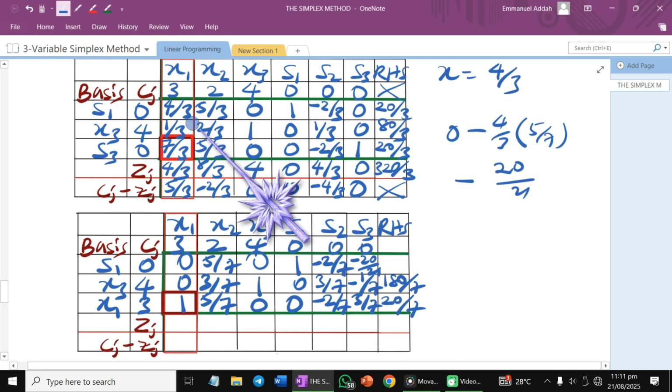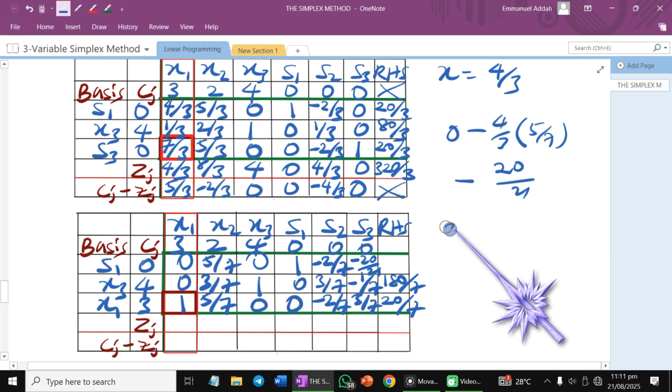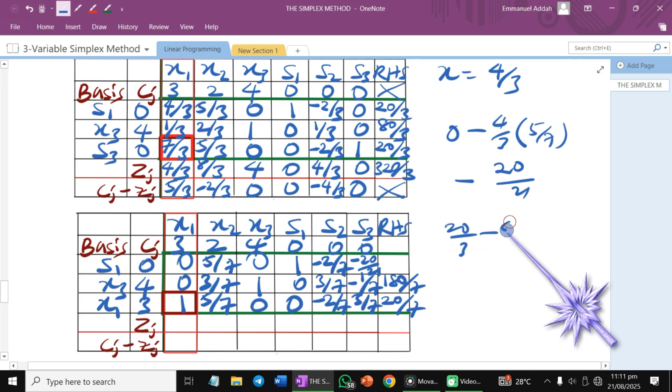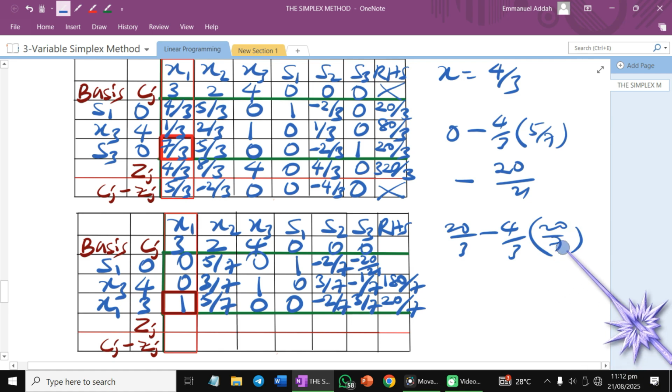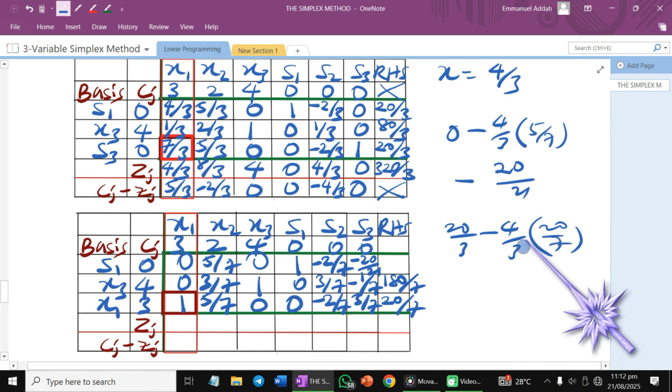We go to the last one, the last entry there is 20 over 3. That'll be 20 over 3 minus 4 over 3 into the new pivot row, which is 20 over 7. Can anything cancel here?